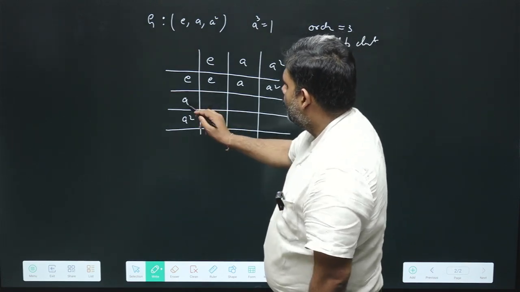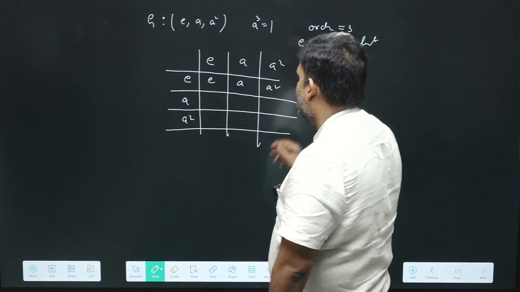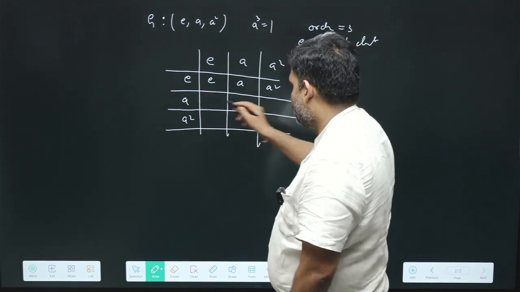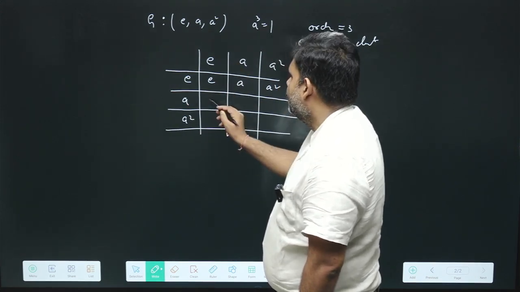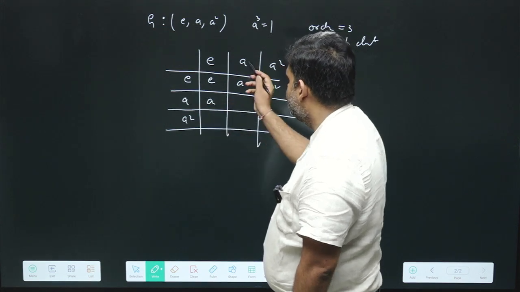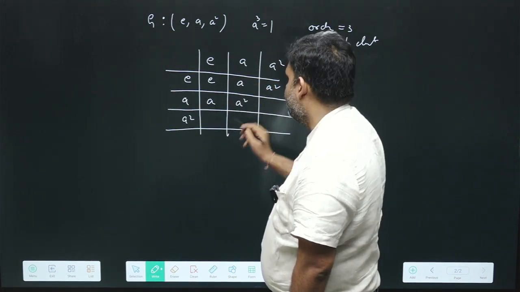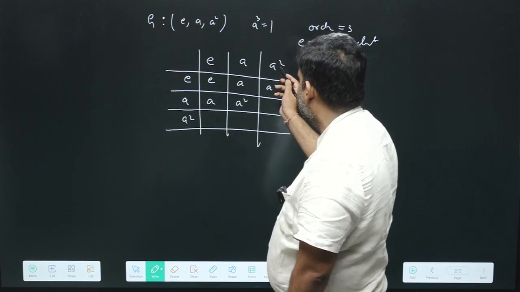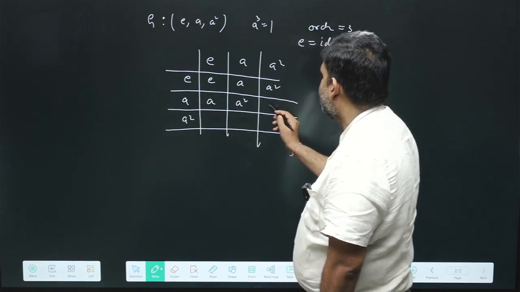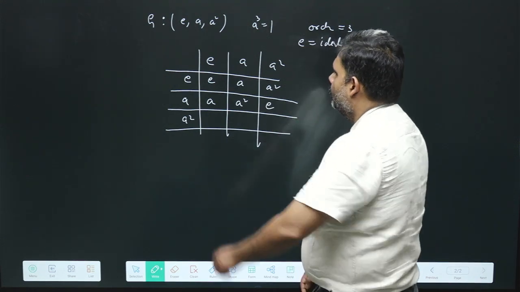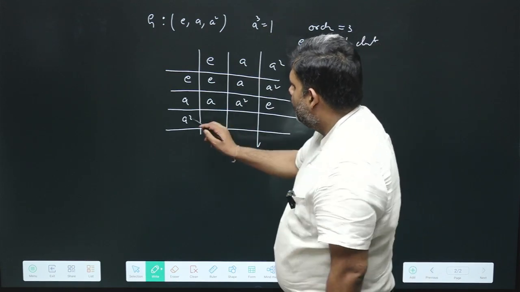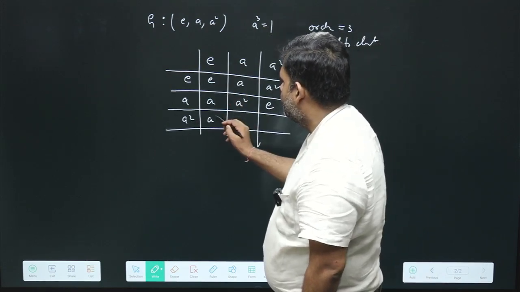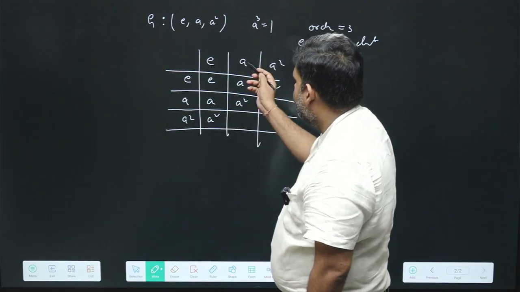Now let's go for this particular row. A operation E is equal to A. A operation A is basically A square. And now A operation A square is nothing but E, because A operation A square is A cube and that value is E. Now A square operation E is A square.